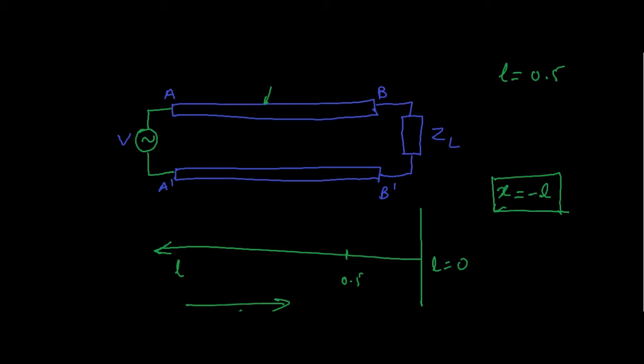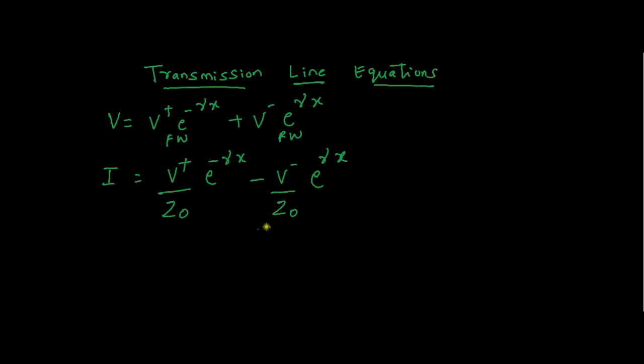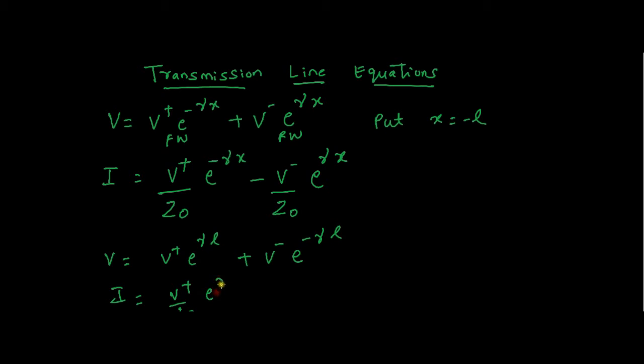So let's see the new transmission line equations. Put x equal to minus L, then V will be equal to V plus e raised to gamma L plus V minus e raised to minus gamma L. And I will be equal to V plus upon Z naught e raised to gamma L minus V minus upon Z naught e raised to minus gamma L. These are our new transmission line equations.